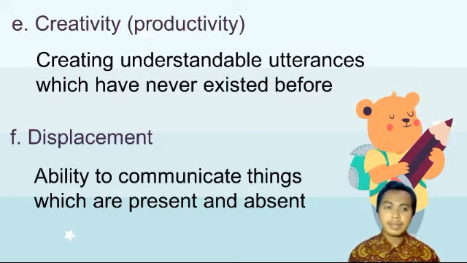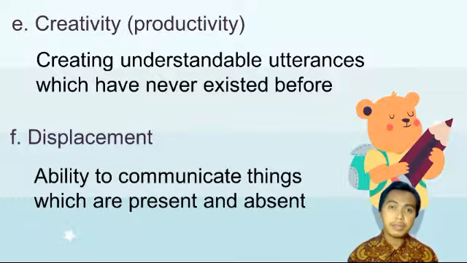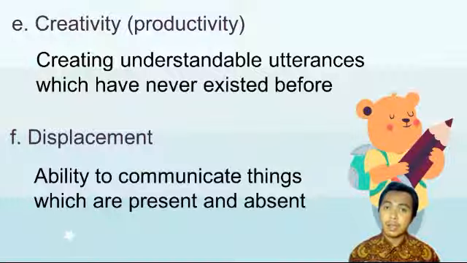Displacement is another characteristic of human language, which is the ability to communicate about things which are present and which are absent. Humans can talk about something close to them and something which is not close to them. Human language can communicate about things that are absent as easily as when those things are present.